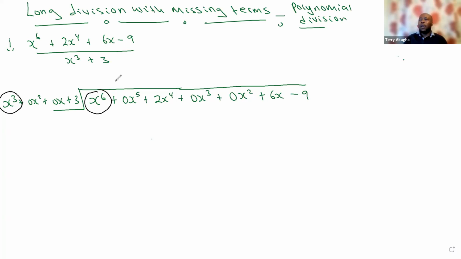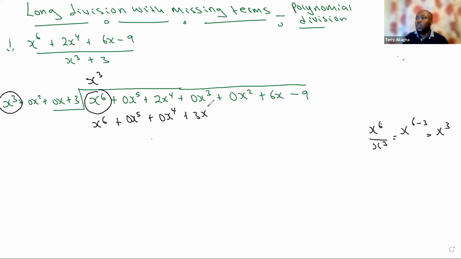So x^6 divided by x^3 gives you x^(6-3), which is x to the power 3. You multiply: x^3 times x^3 gives you x^6, plus 0x^5, plus 0x^4, plus 3x cubed.